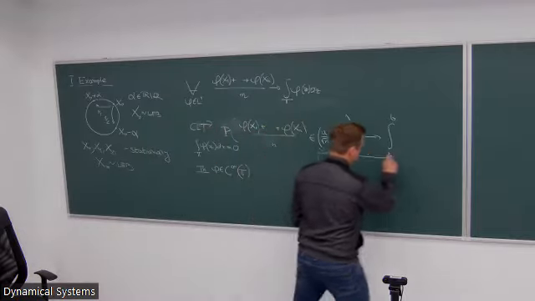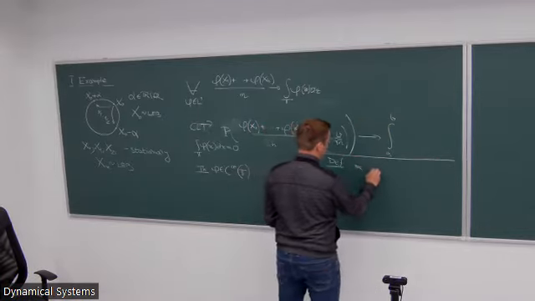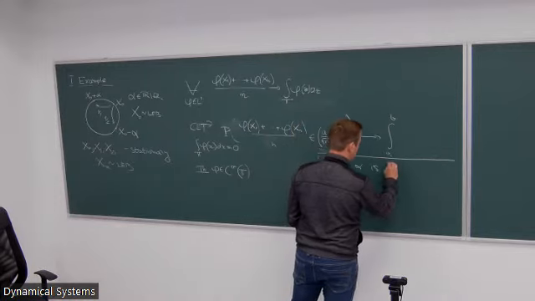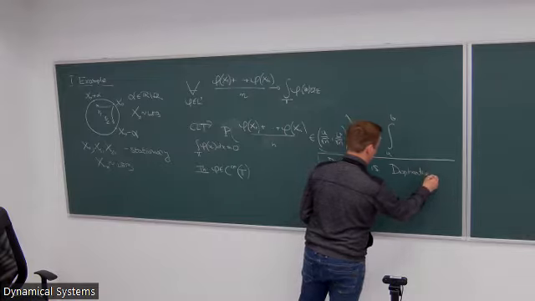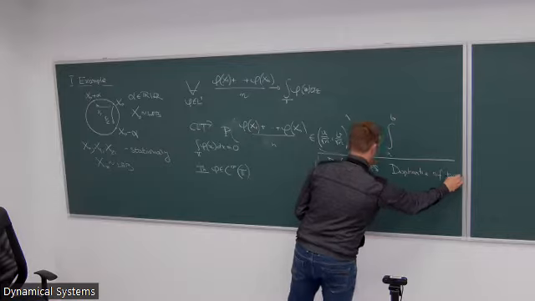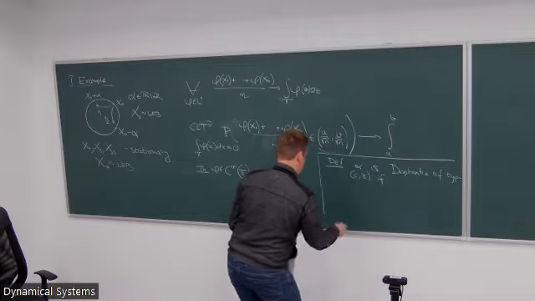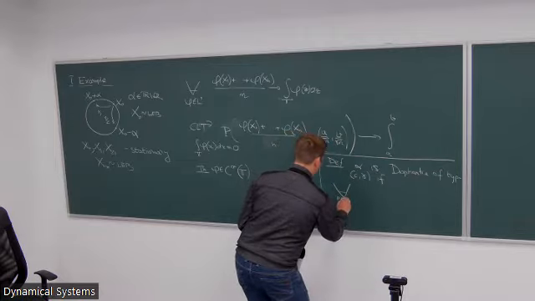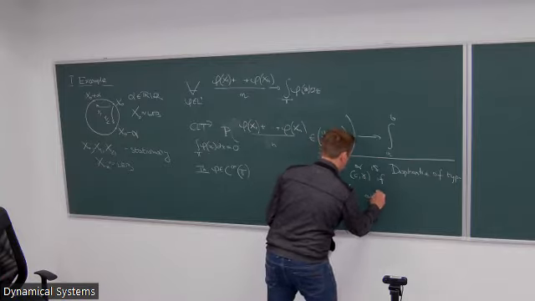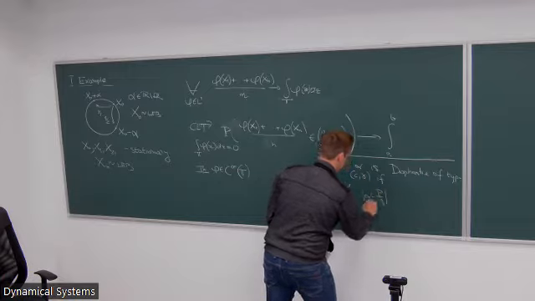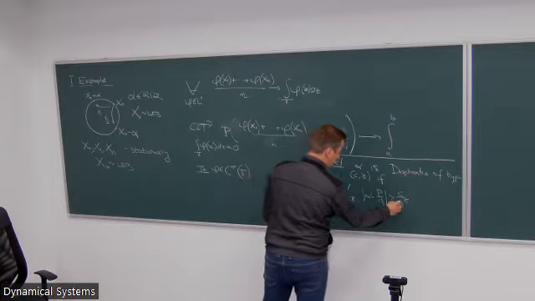Definition: alpha is Diophantine of type C, gamma if for every p, q, alpha minus p over q is at least C over q to the power gamma.